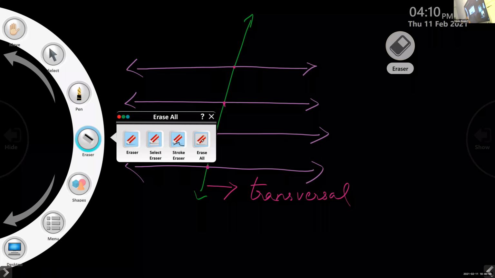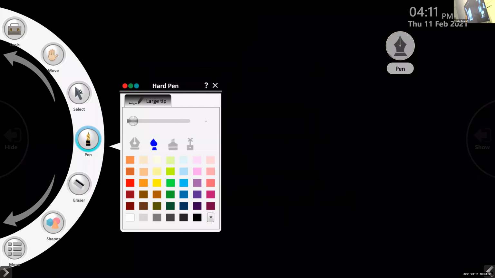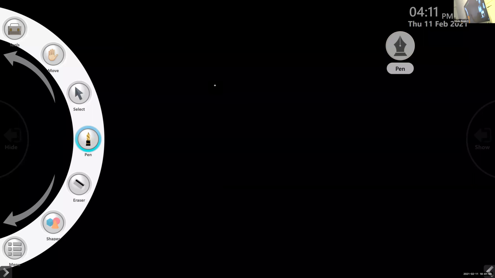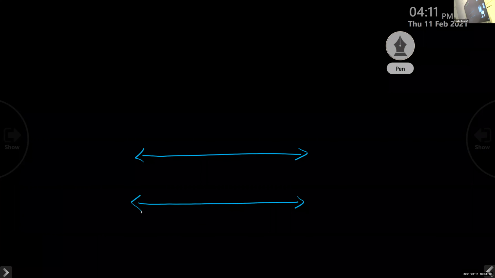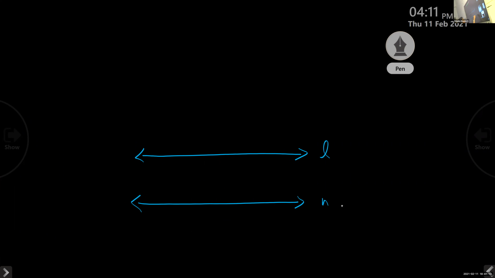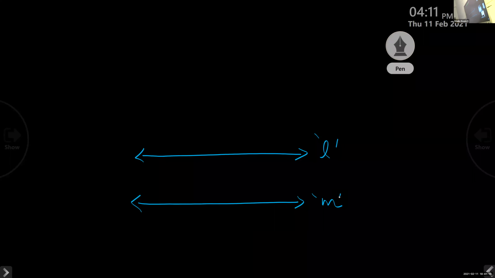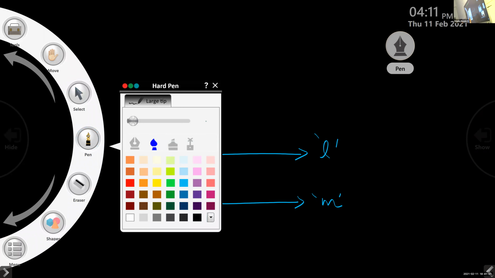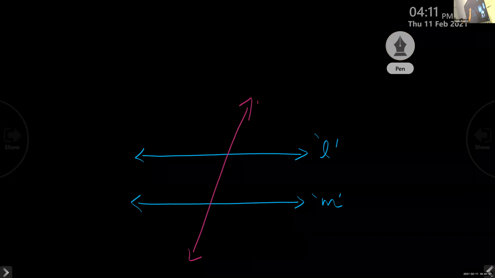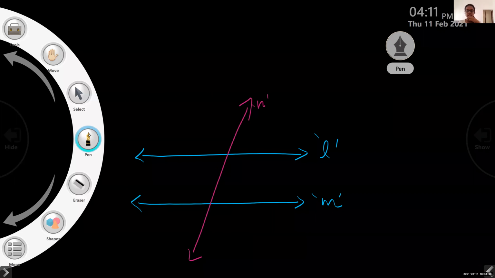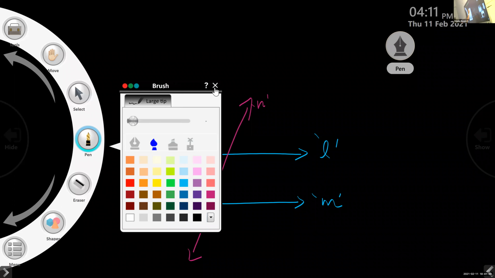See, these 2 lines L and M are parallel, and they are cut by a transversal N. Can you tell me how many angles will be formed? 8 angles, isn't it?